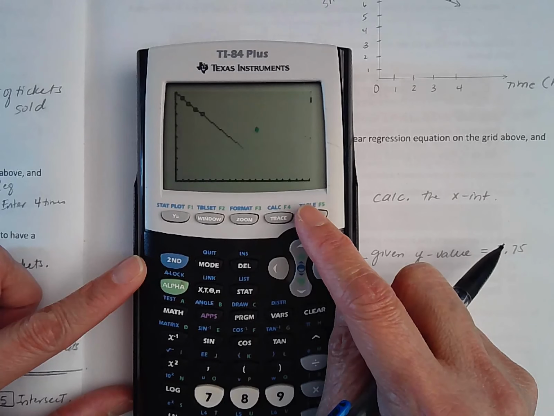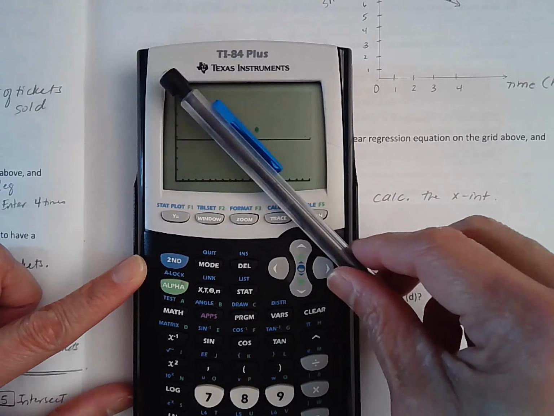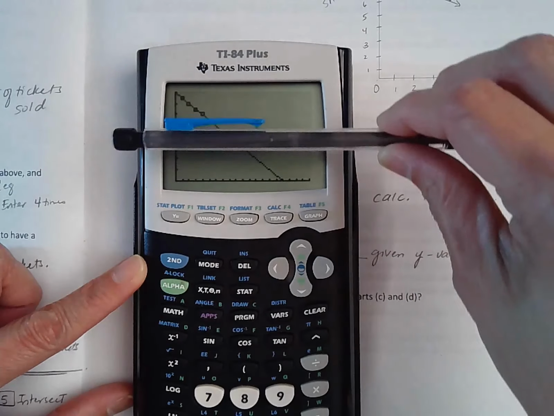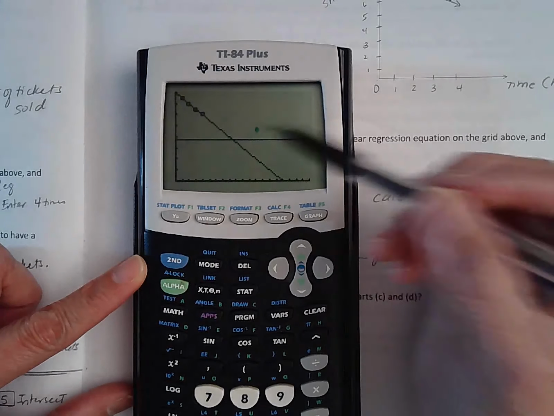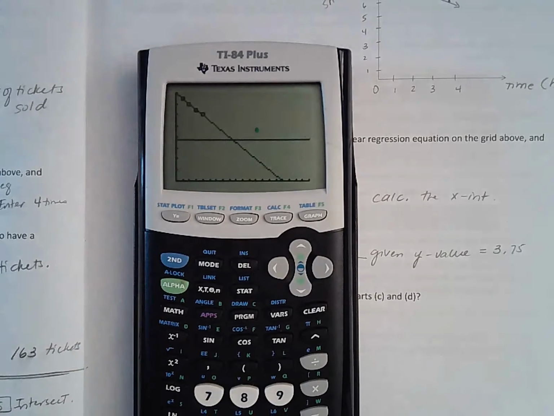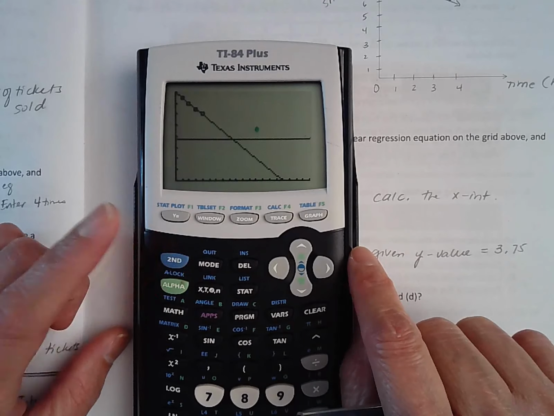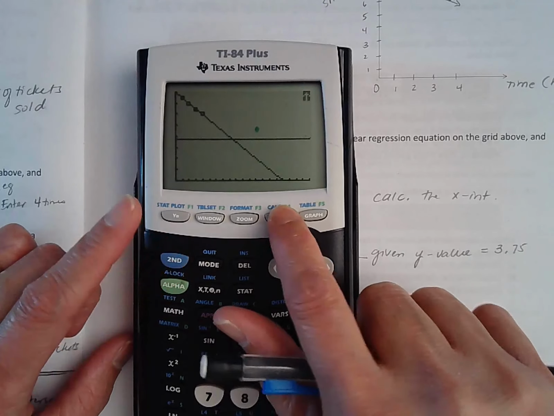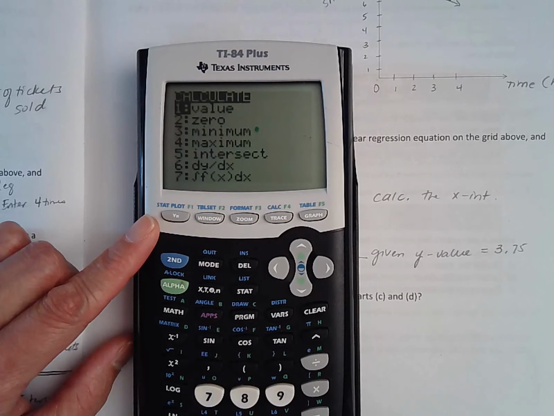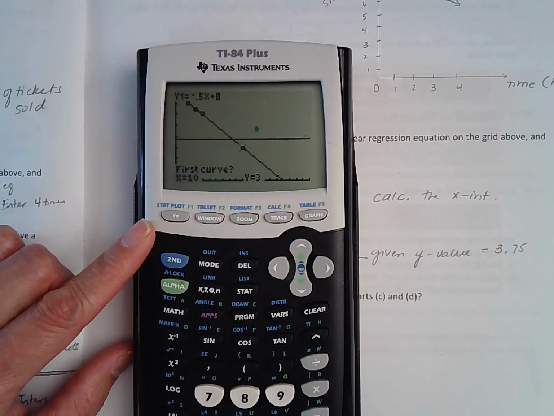Okay, and if we press graph, you're gonna see another line. This is your y1, and your y2 would be that one. That point of intersection would be the one that we need. Second function, trace. 5 for intersect. Enter, enter, and enter.